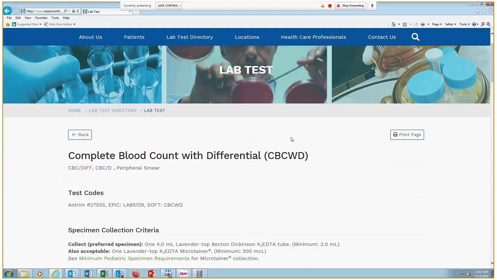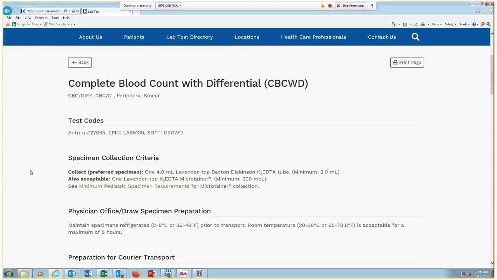It may have a considerable amount of information, perhaps related to specimen preparation, either on the patient's behalf or on behalf of the testing area where the specimen's being collected. Let's take this a piece at a time. Again, at the top, complete blood count with differential, CBCWD, and you'll also notice that you have the AKA names listed below, as we discussed earlier, in addition to the ordering test codes.